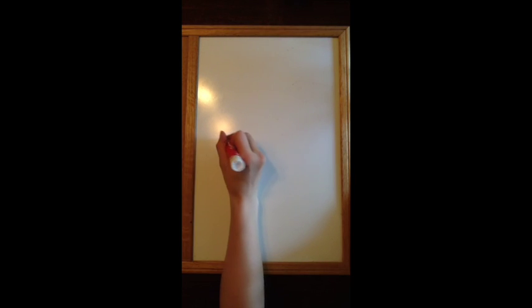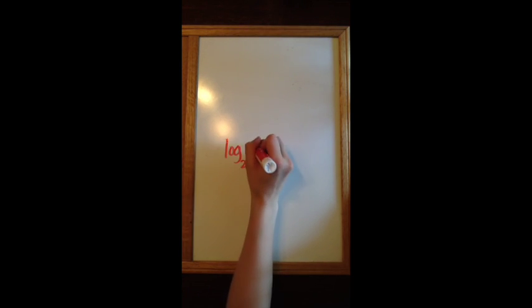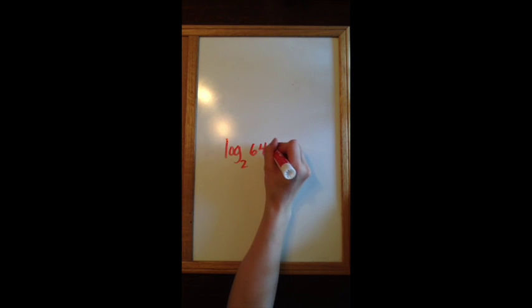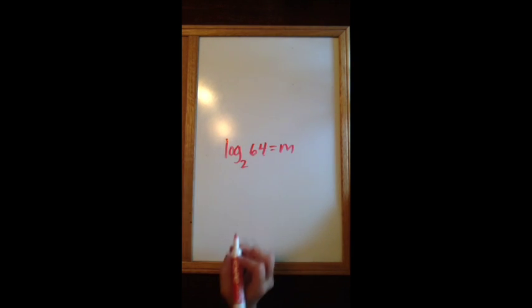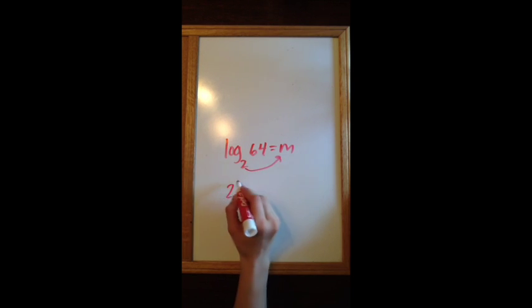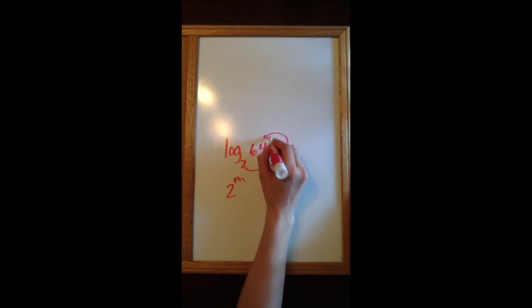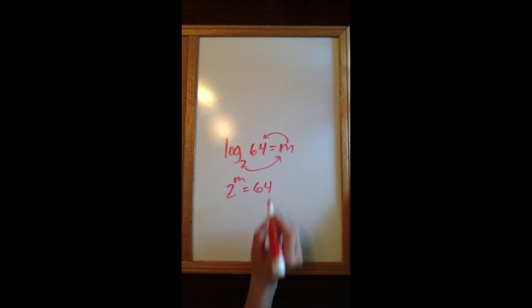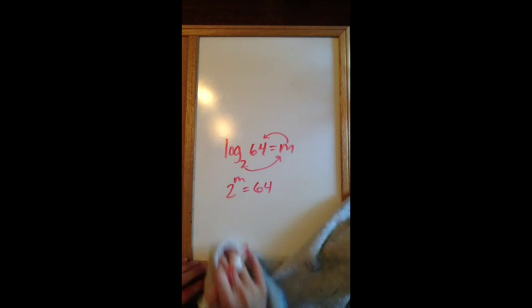Now, if I give you something like log base 2 of 64 equals m, I'm going to start with the base, so 2, hop to the other side, to the m, hop back to the other side, equals 64.